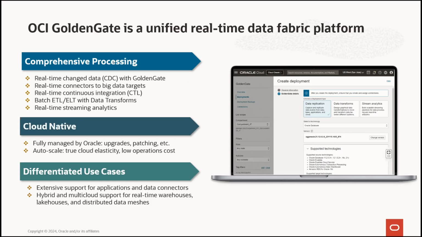I'm not going to go into too much detail about the use cases, but there is a very wide array of data integration scenarios that you can implement with OCI Golden Gate.